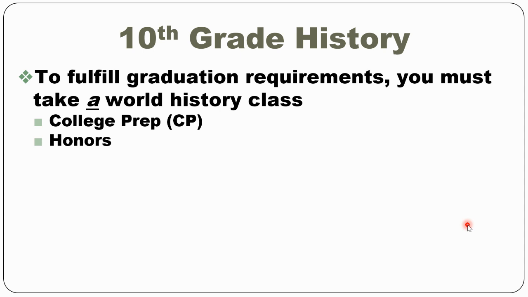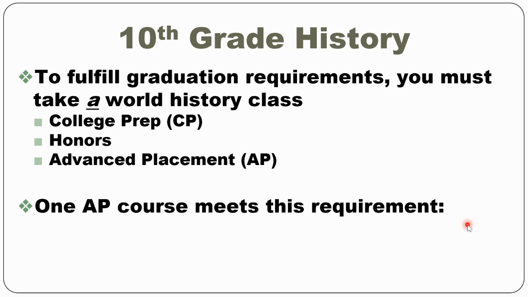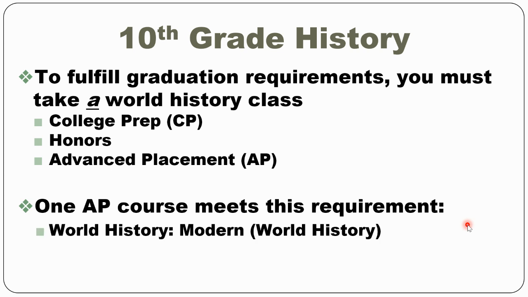You can take honors, or you can take advanced placement, or we usually shorten it and call it AP. So if you do choose the AP path, there is one course that meets that requirement. Officially, its name is AP World History Modern. However, we just commonly call it World History. It's shorter that way.